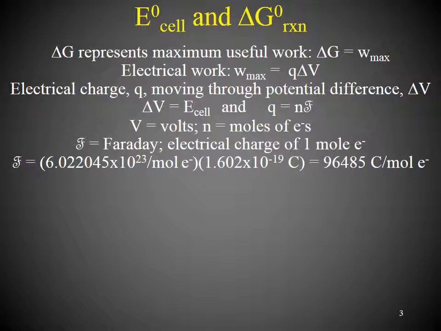So the electrical charge of 1 mole of electrons, which is Faraday's constant, is equal to the number in a mole, which is 6.022045 times 10 to the 23rd electrons per mole, times the charge of 1 electron in coulombs, which gives us a value of 96,485 coulombs per mole of electrons.